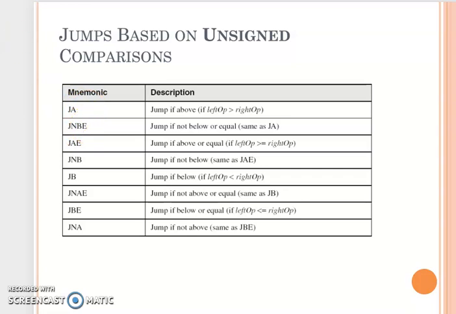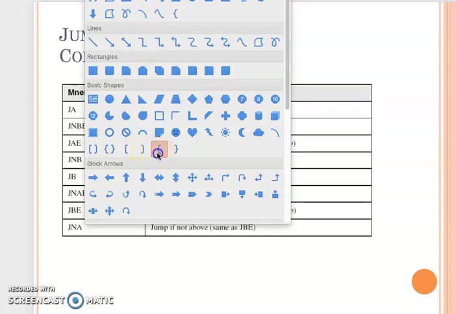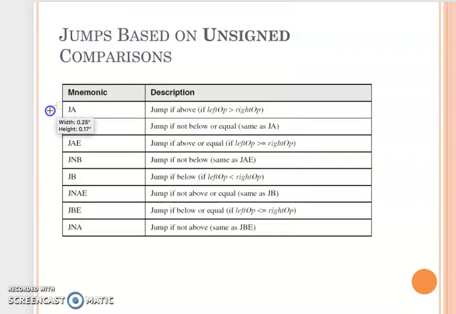That means above. So that's what I talked about earlier. A lot of the time when we see those jumps, they have different names but the content is actually the same, like your JA and your JNBE. The same thing here, when you have above or equal, that means your left operand is either greater than or equal to your right operand. This one is equivalent to JNB.